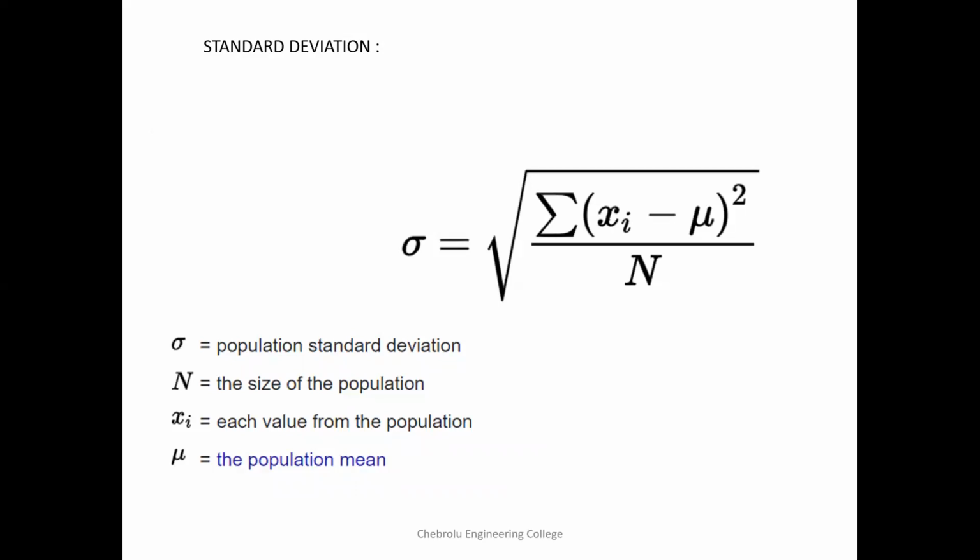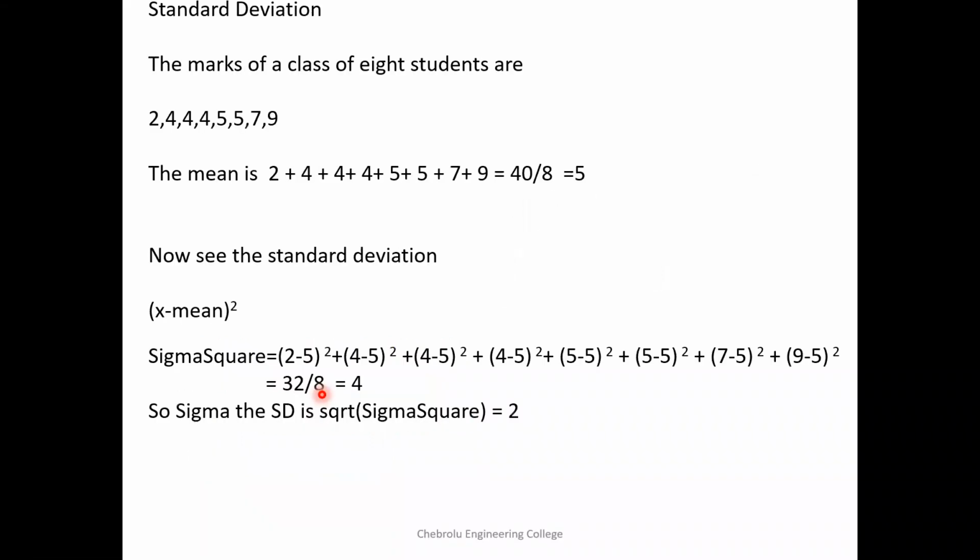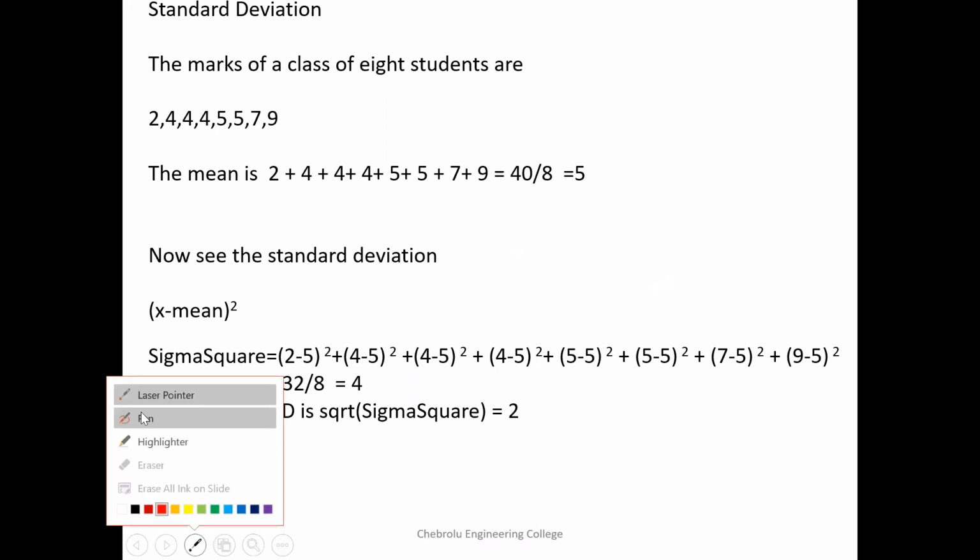This sigma always refers to addition, xi is our individual element, mu is our mean, and n is the total number of samples. Let us see with an example, then you will easily understand.